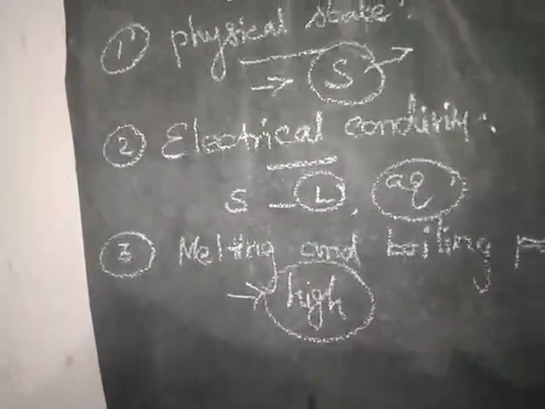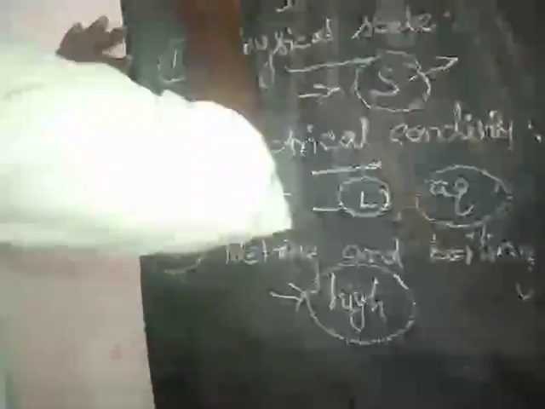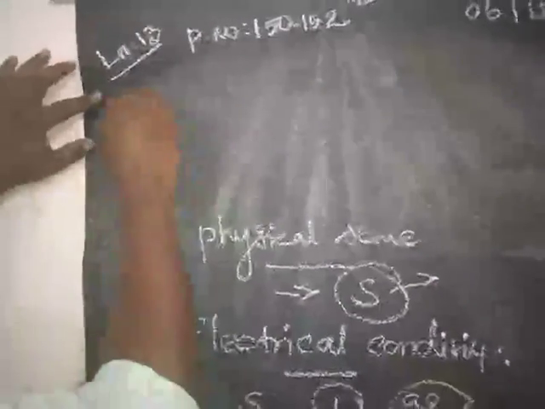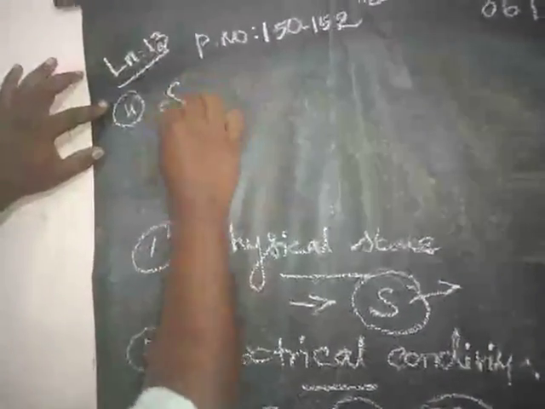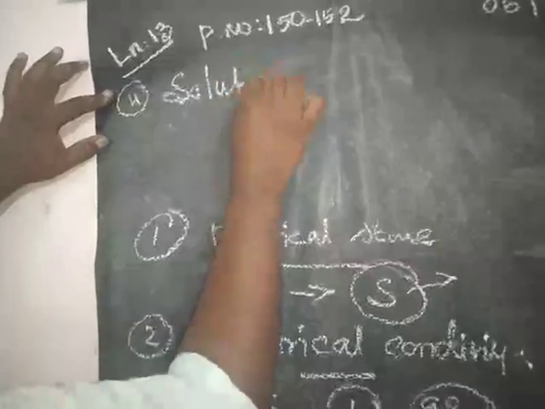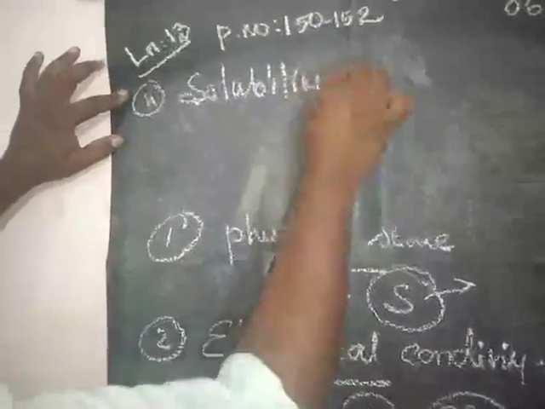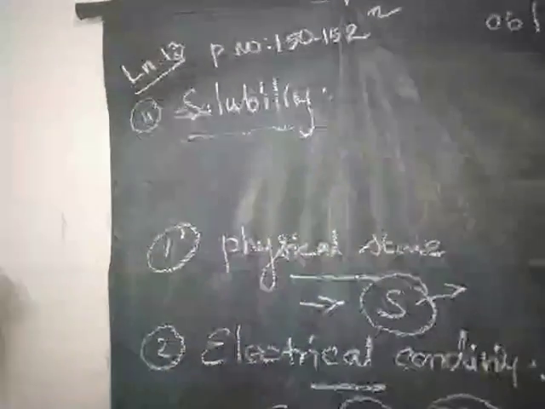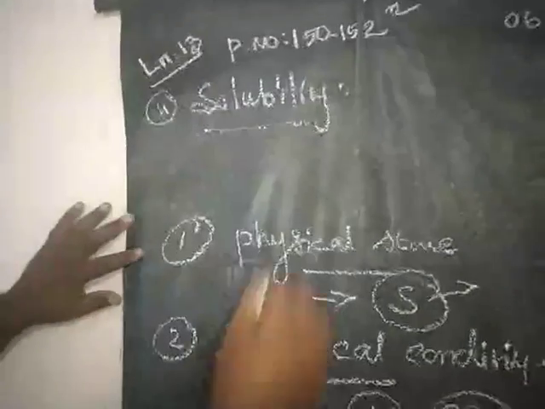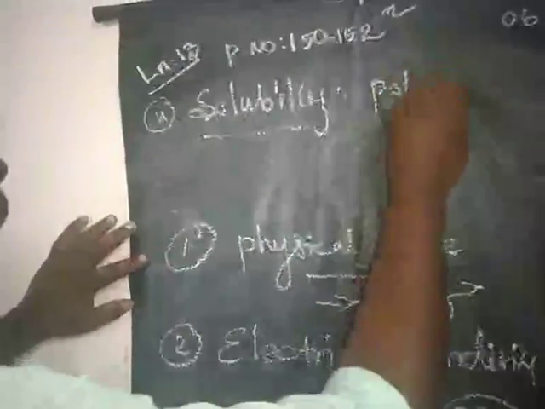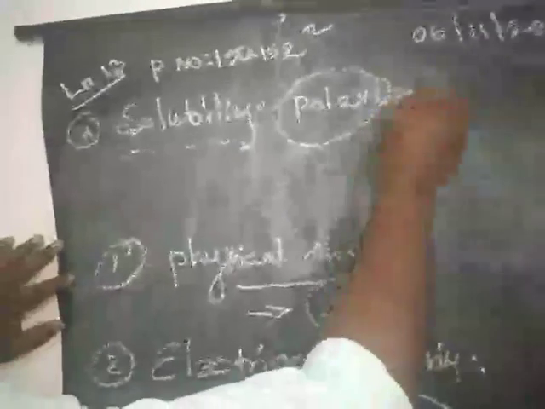Next one, the fourth property: solubility. Ionic compounds usually dissolve in polar solvents.